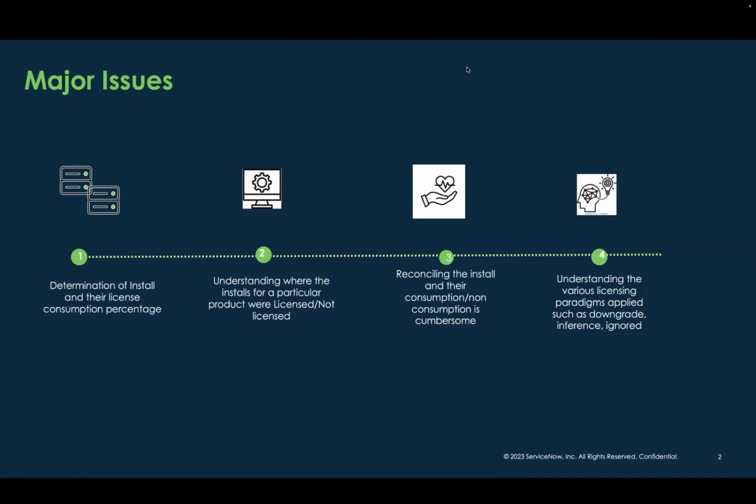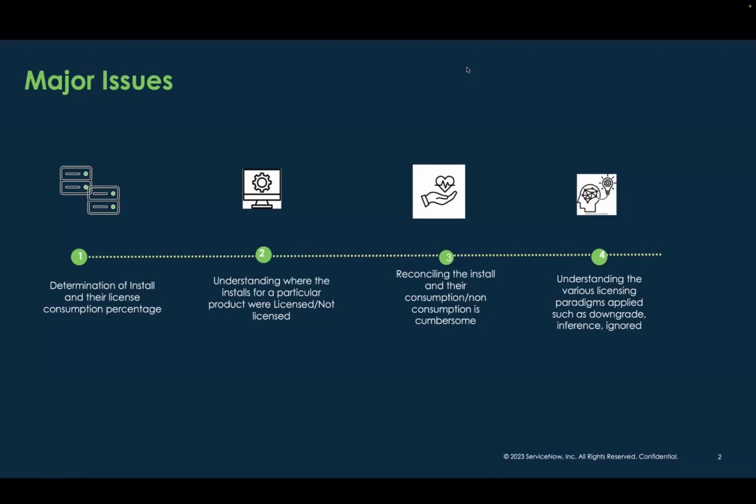For example, Windows Server Standard could be licensed by Windows Server Data Center through downgrade rights. It could also be licensed through inference via Core Infrastructure Service Suite or Visual Studio. So it's very important for SAM managers to understand where the install is actually licensed.